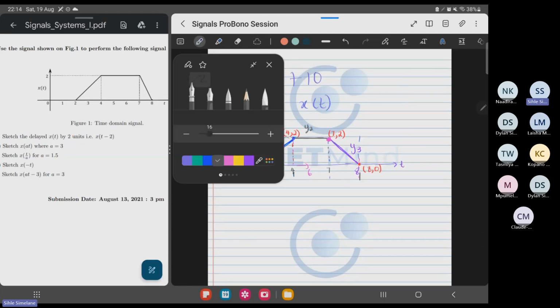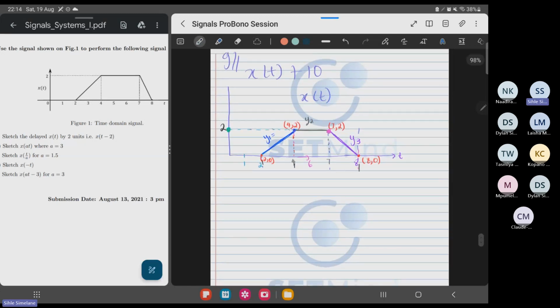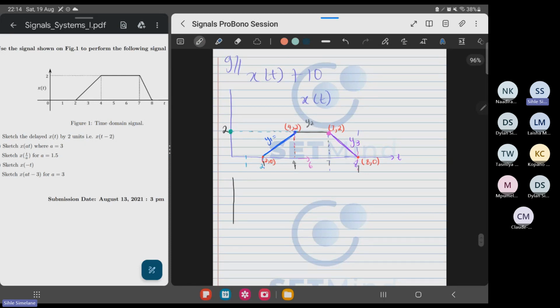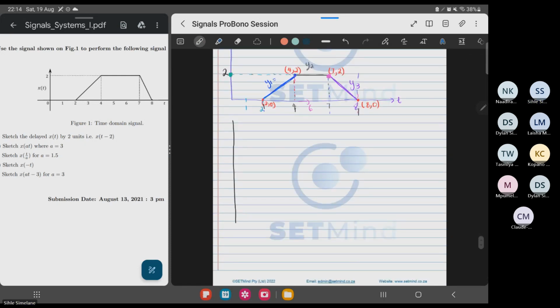Our shift of 10 needs to be, let me quickly paste that, because time does not change. So my time is still the same. We have a 2, a 4, a 7, and 8.